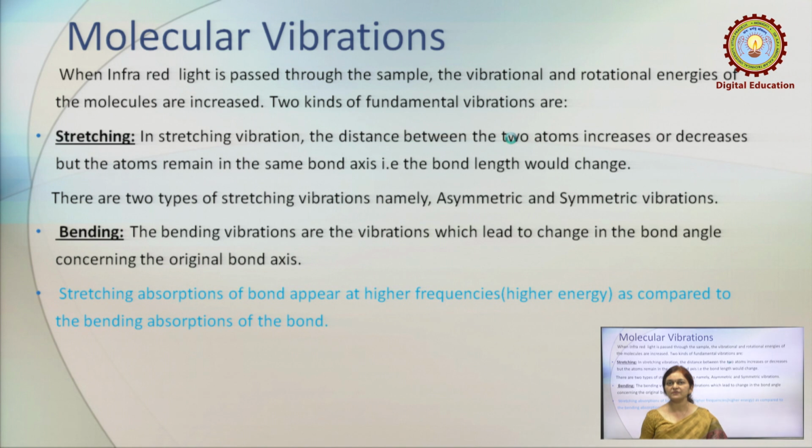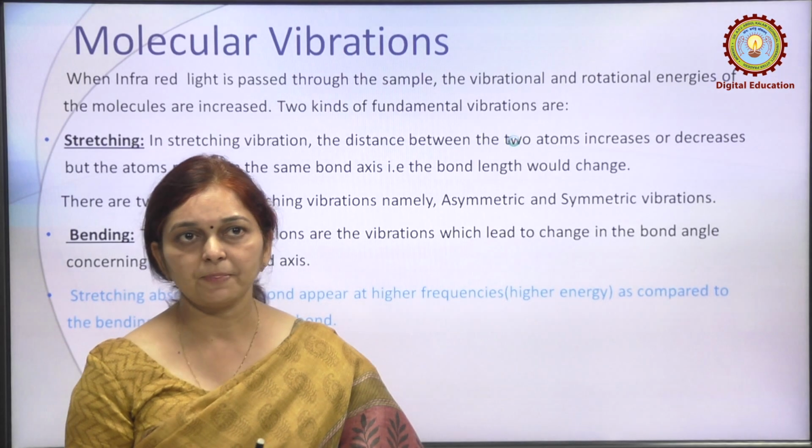In stretching vibration, the distance between two atoms with respect to the central atom increases or decreases, that is, there is a change in bond length but no change in bond angle. Bending vibrations are those which lead to a change in bond angle, while the bond length remains the same.